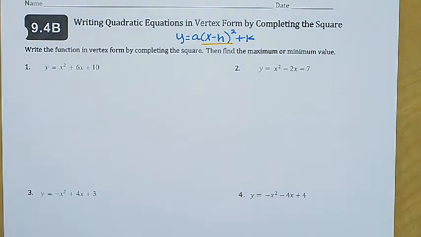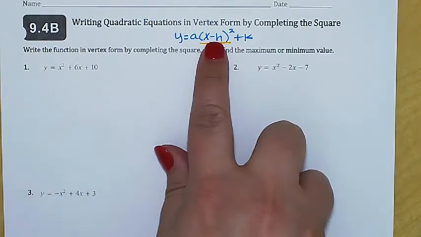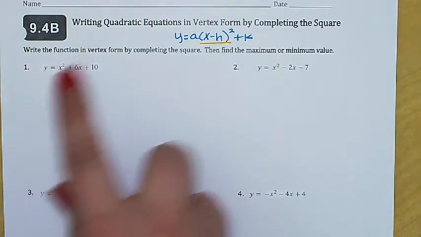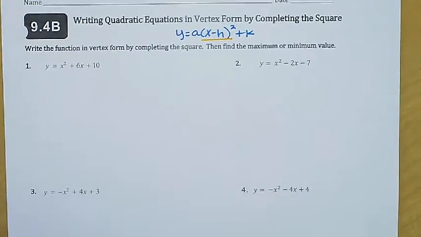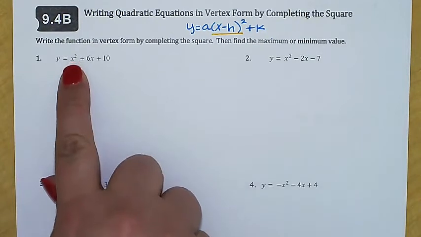So for that reason, this completing the square process will be a big part of being able to write standard form to vertex form fairly quickly instead of having to go through all the steps of finding the vertex and then plugging in. So this particular process is especially simple if you have an a value of 1.